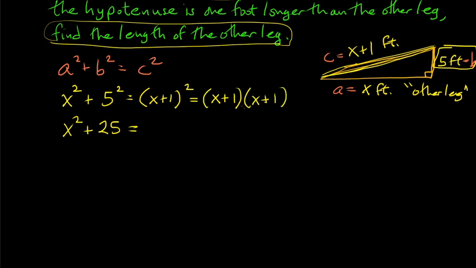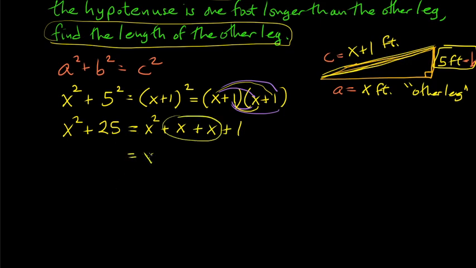So in order to expand this out, you have to use FOIL. So let's do FOIL. x times x is x squared. Then we get x times 1, which is just x, plus 1 times x, which is also x, plus 1 times 1, which is 1. Okay, so you got to combine x plus x, and that gives you 2x plus 1.